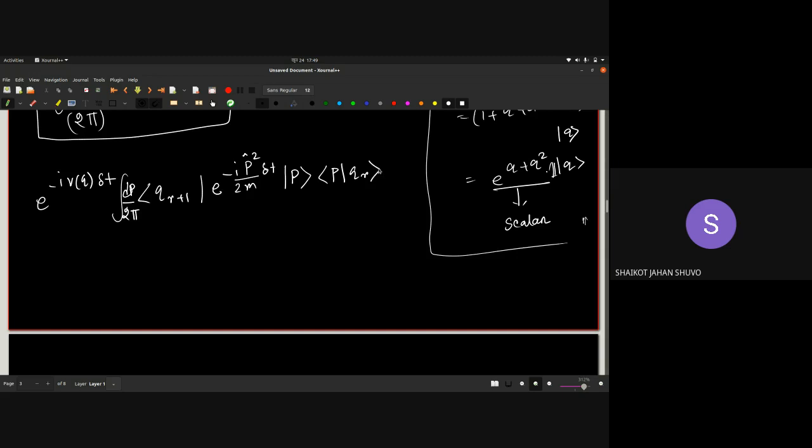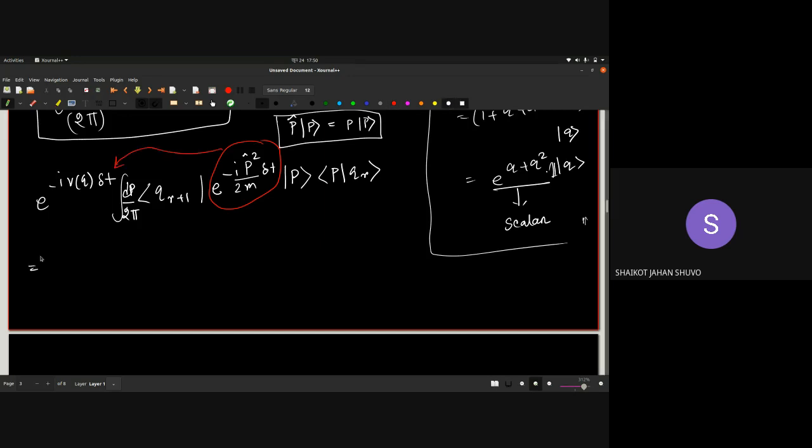And again, now you can expand this exponential, e to the power minus i p squared by 2m, and you can use the relation that p acting on the momentum eigenvectors will just give you the momentum eigenvalues. This is another eigenvalue relation in quantum mechanics, pretty standard. If you do that, you can pull this guy out as well, outside the exponential.